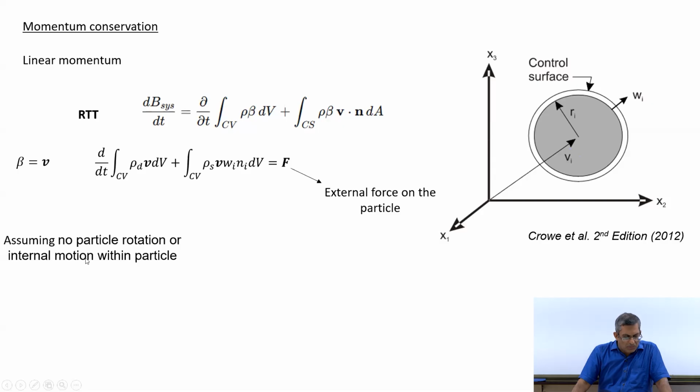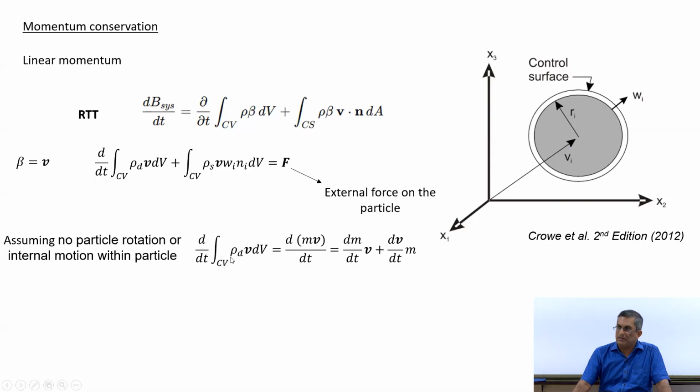Here, if we assume that there is no particle rotation or internal motion within the particle, then we can write the first term as this. Basically, we can take the velocity out and integrate this to get mass.